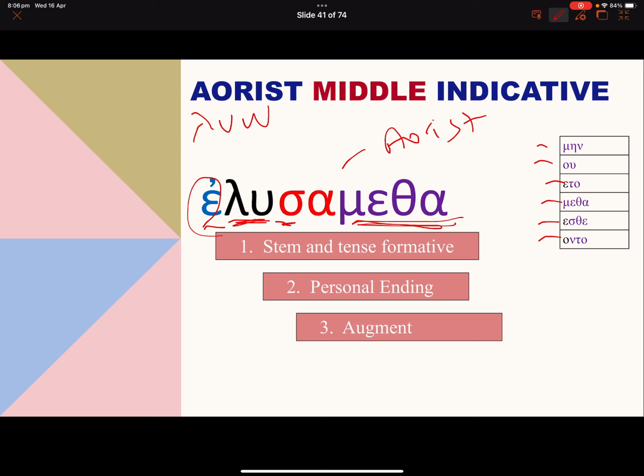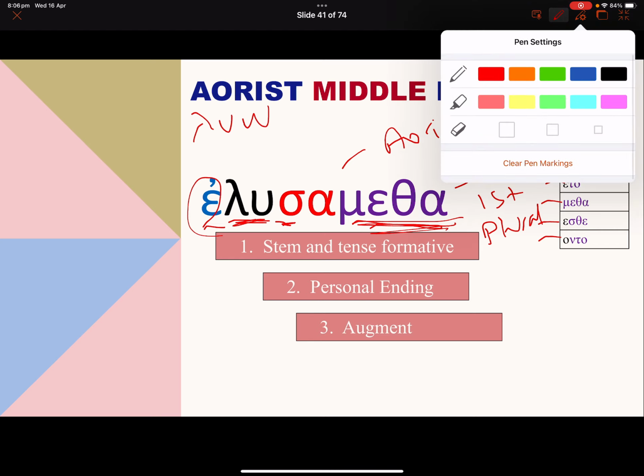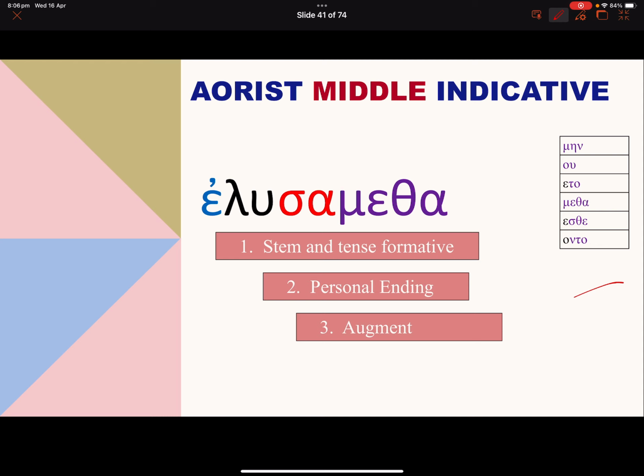And then I'm using my middle passive endings, so it has to be a middle. And metha, I know, is first person plural. And so because it's got that middle sense, it's something like we loosed ourselves, or we ourselves were loosing, or we ourselves were untying.